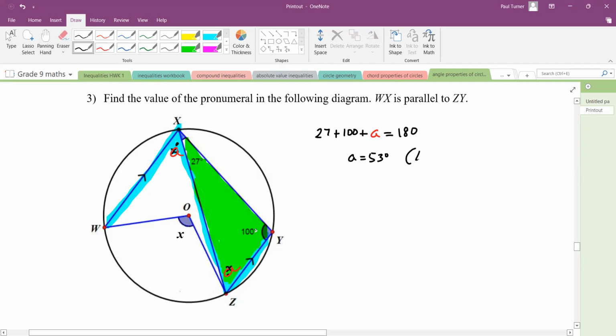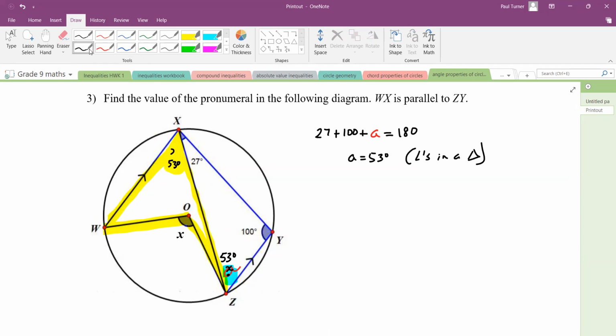So this is angles in a triangle, and they add up to 180. So we find that this angle down here is 53, and this angle therefore is 53. And then we'll notice, once we clear that out, that we have our angle at the center being x, and this is our angle at the circumference, which will be 53.